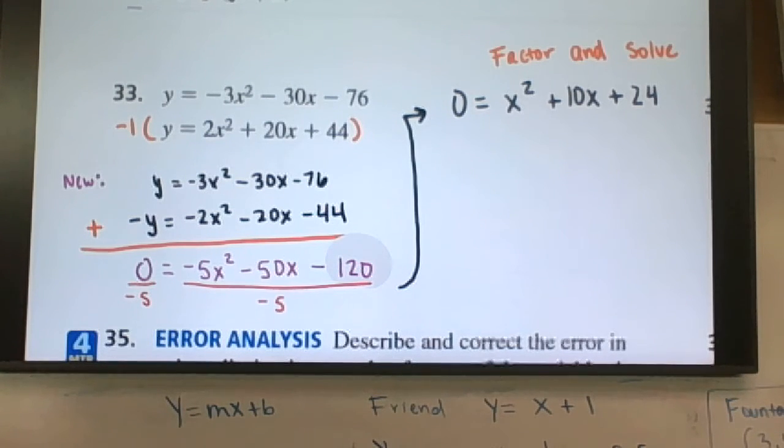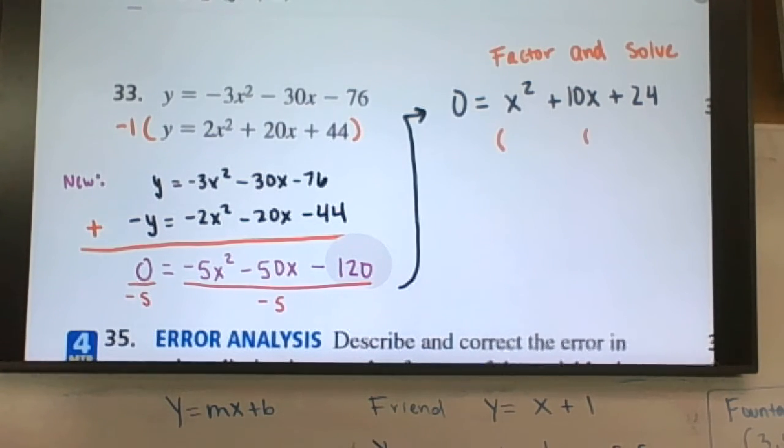How do you factor this? X squared plus 10x plus 24. What would you come up with?